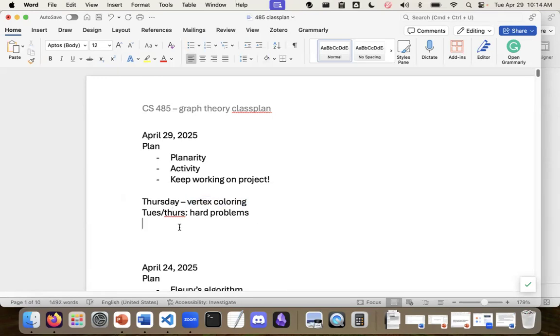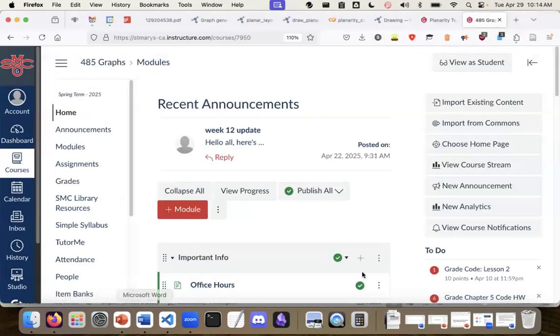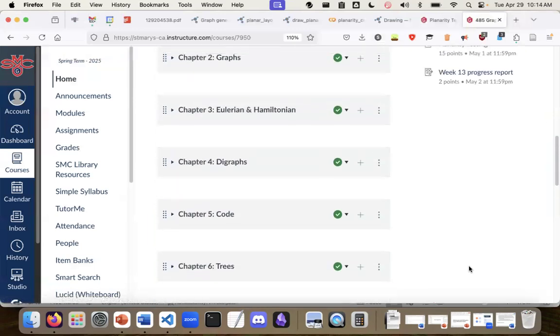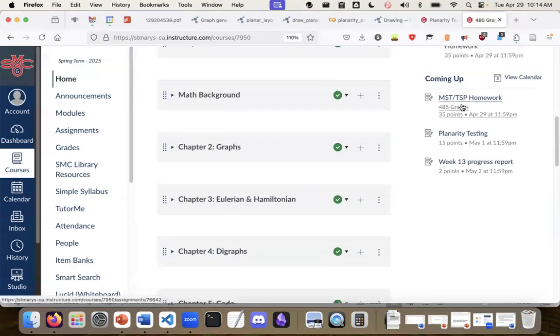In terms of assignments, keep working on your project. I went through and graded the progress reports, so if I left you comments, make sure you look at that. I think there's another due this week. I have many things to grade. Keep in mind the minimum spanning tree work is due tonight.